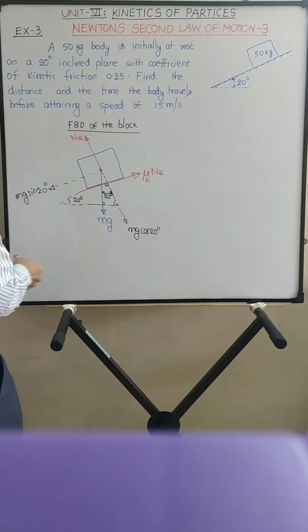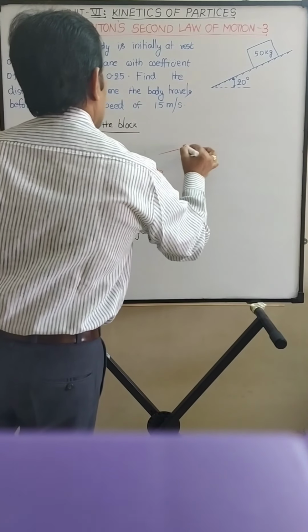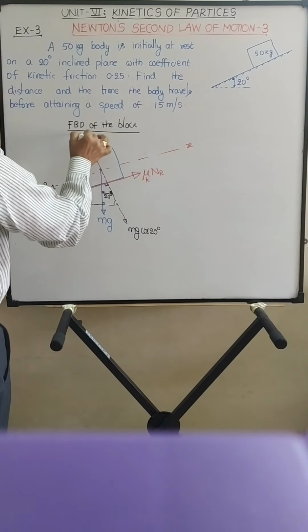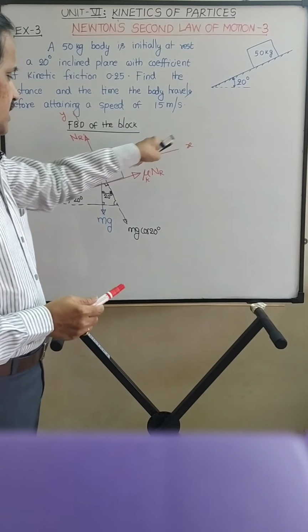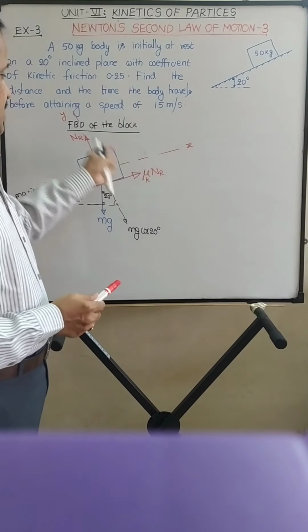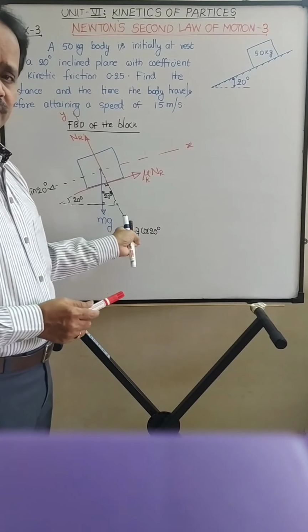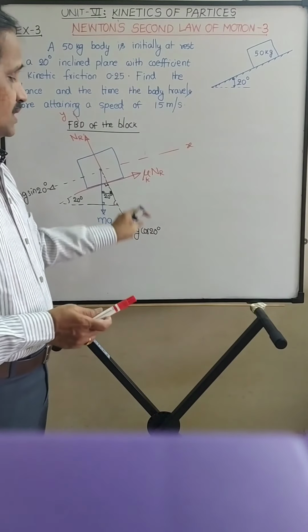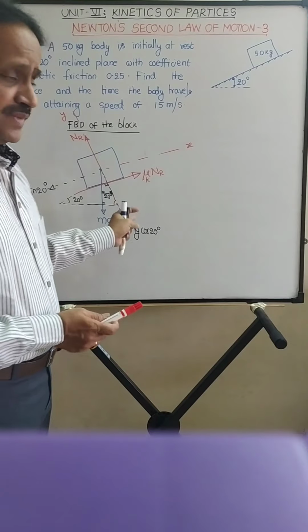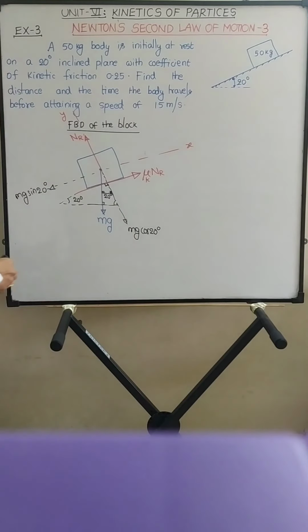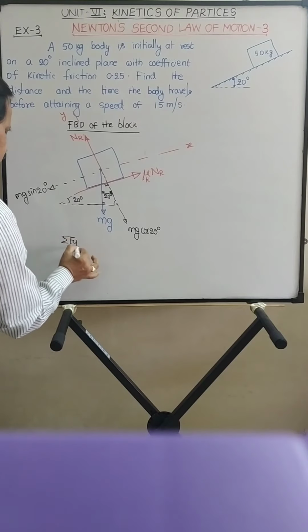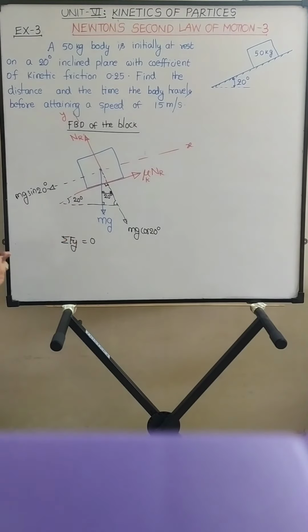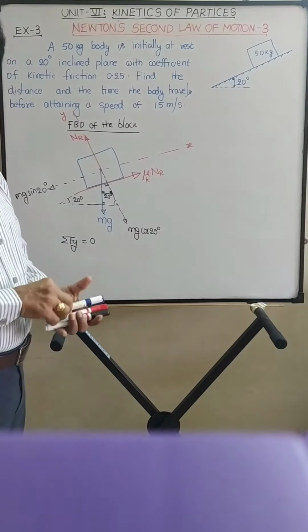So now I am taking x-axis along the plane and the y-axis perpendicular to the plane. So the block is moving along the plane. It is not moving perpendicular to the plane. That means along the y-axis the block is in equilibrium. So we can write summation Fy is equal to 0, the equilibrium equation in y direction.